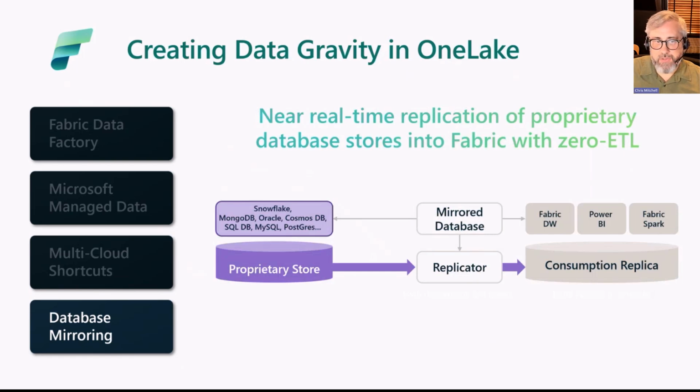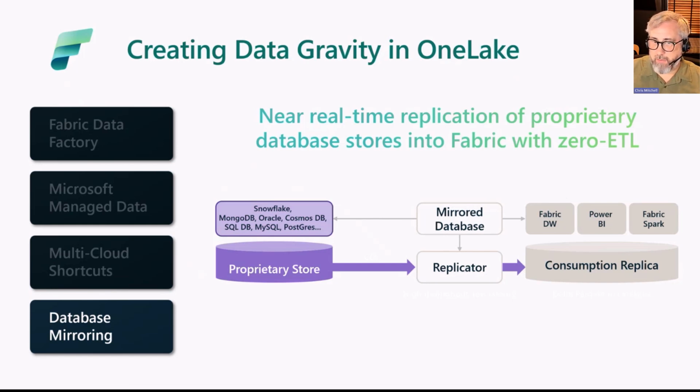And then this is the thing that I was talking about, merging together with the notion of database mounting, the idea that you can point at an external data store and quickly mirror that in OneLake and make it available. This is a little bit of a subtle differentiation because, yes, you could point at an external connection via something like an ODBC connector, but you can also do this mirroring concept.